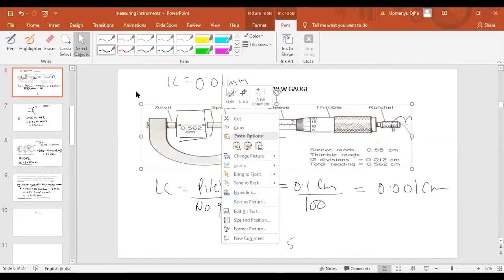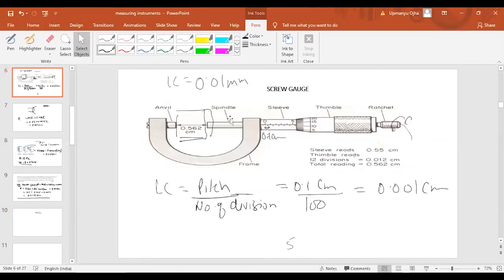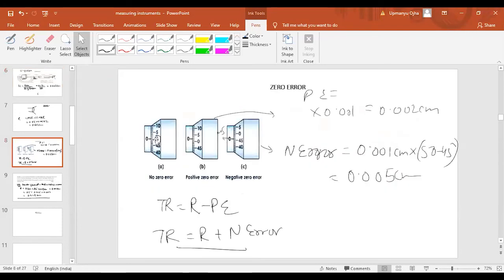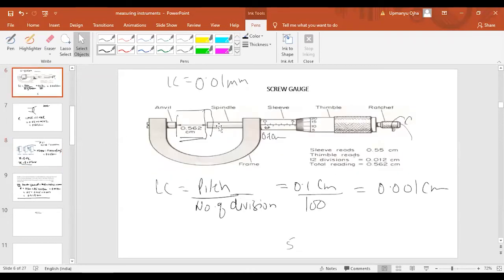In that case, if there is no error in the instrument, then the zero of the circular scale will be exactly coinciding with the reference line of the main scale reading, like this condition. Now in that case, if I rotate the circular scale in the anti-clockwise direction, then what will happen? This circular scale will rotate.